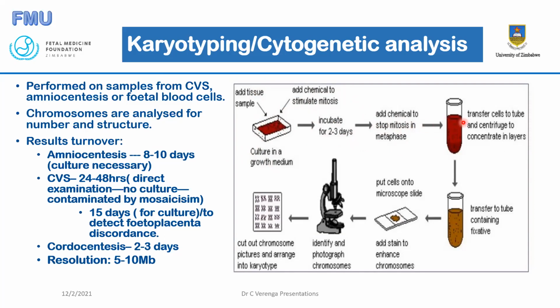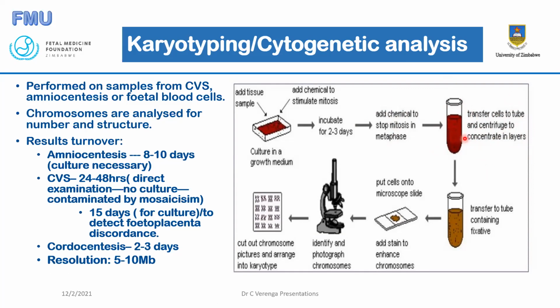Then they will add what we call the spindle poison. Colchicine is still being used in some centers. Some centers are using other things now, but colchicine, which is a spindle poison, is going to be added to the mixture so that the cells are frozen in metaphase, the stage which I showed you where all the chromosomes were aligned in the center. Then after doing that, the cells are transferred to a test tube and centrifuged to arrive at a concentrated layer.